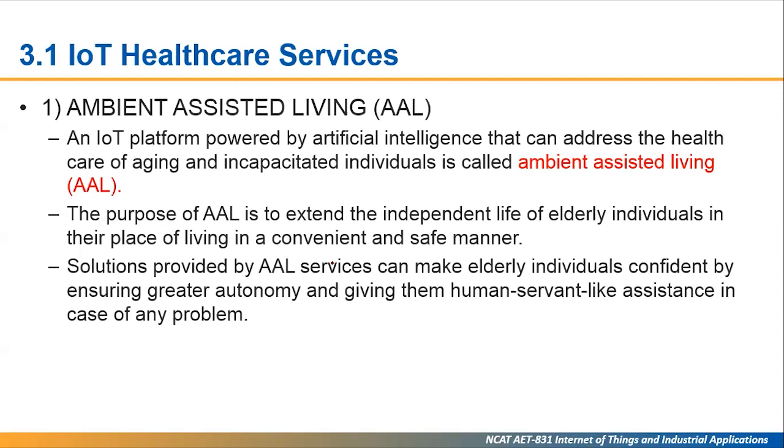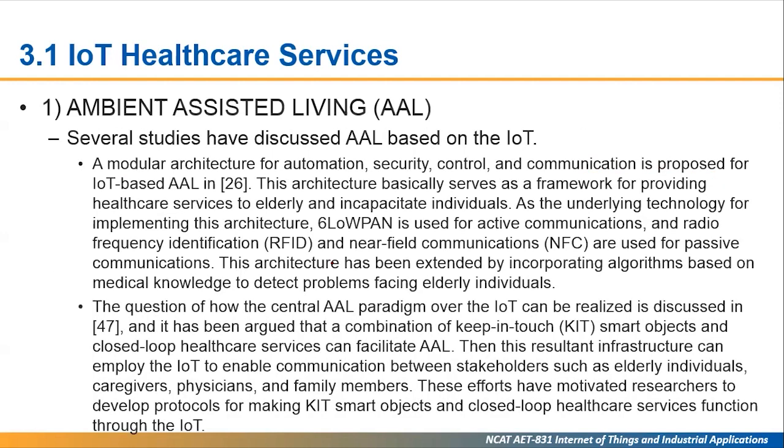Solutions provided by AAL services can make the elderly individual confident by ensuring great autonomy and giving them human servant-like assistance in case of any problem. Several studies have discussed AAL based on the IoT. So I will leave this reading to you.